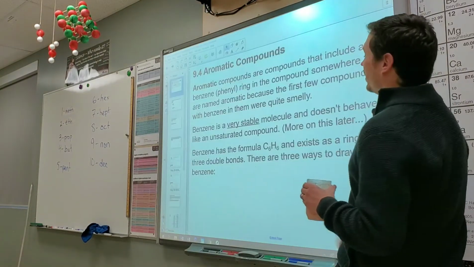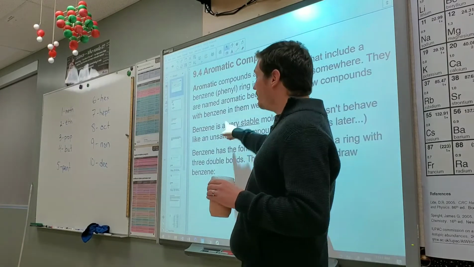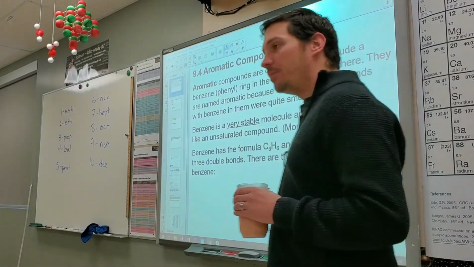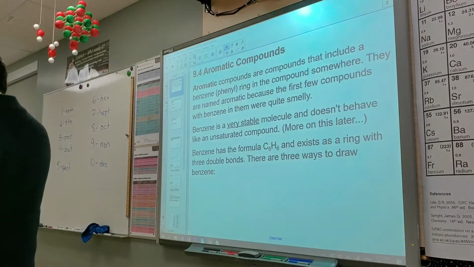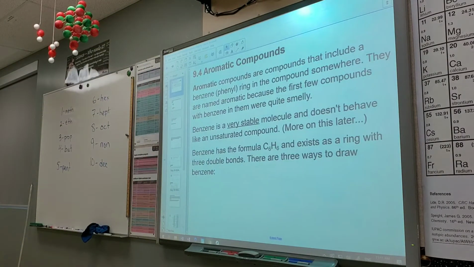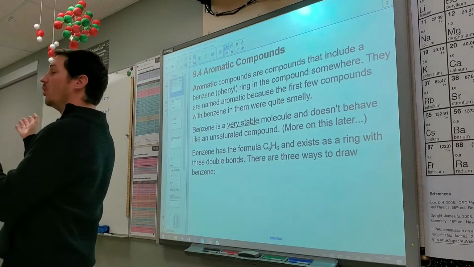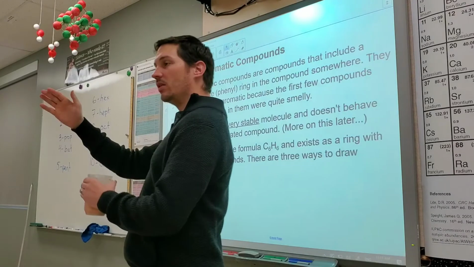So benzene's a stable molecule, but under certain conditions it can react. So we add some of these fuel additives to make that explosion last a little bit longer.